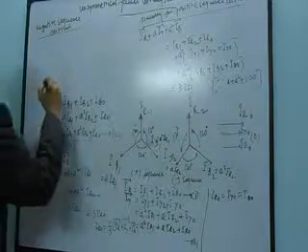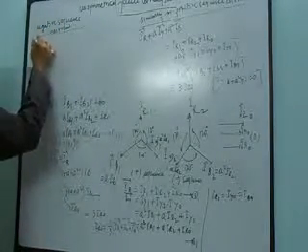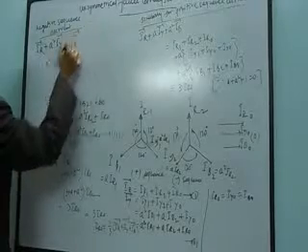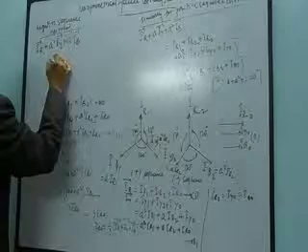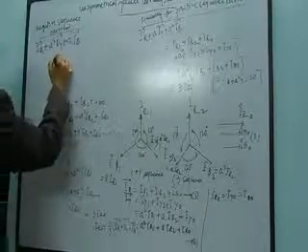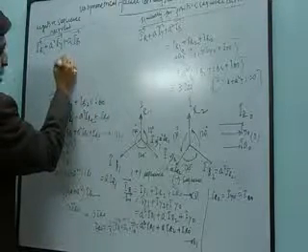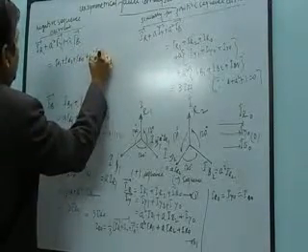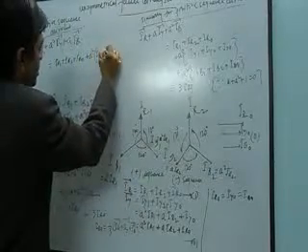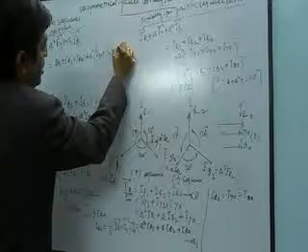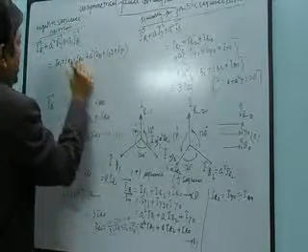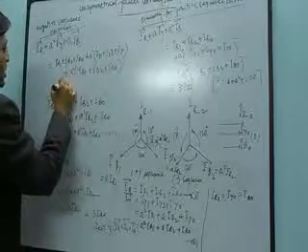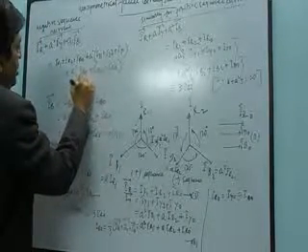Now the negative sequence current. IR plus A square IY plus A IB, that is IR equal to IR1 plus IR2 plus IR0, plus A square into IY1 plus IY2 plus IY0, plus A into IB1 plus IB2 plus IB0, it is equal to 3 IR2.